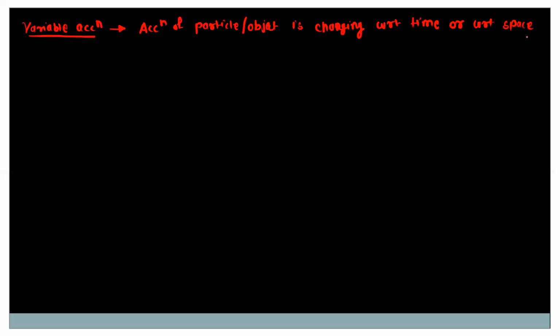So for variable acceleration, the acceleration of the particle or an object is changing with respect to time or with respect to the space. Okay, space means position.